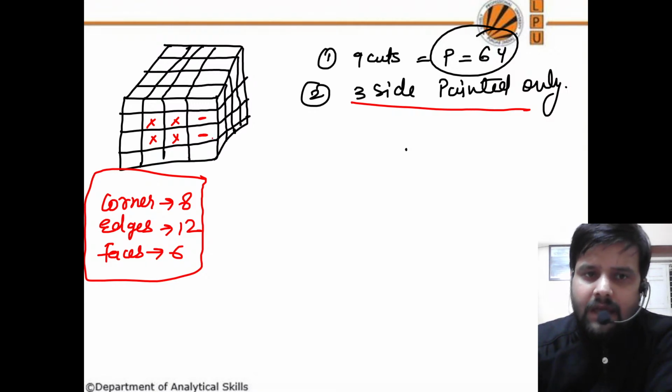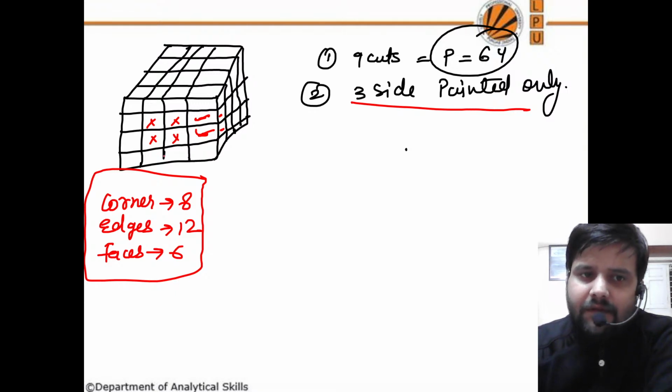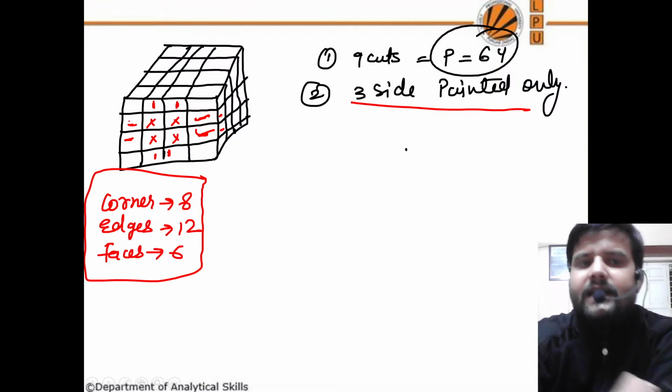Now observe these cubes. One face and second face of this, one face and second face of this. For these cubes we have only 2 faces visible to us, isn't it? So these can only be 2 side painted, these can't be 3 side painted. And similar kinds of cubes are here also, and here also. So whatever I have marked till now cannot be three side painted.